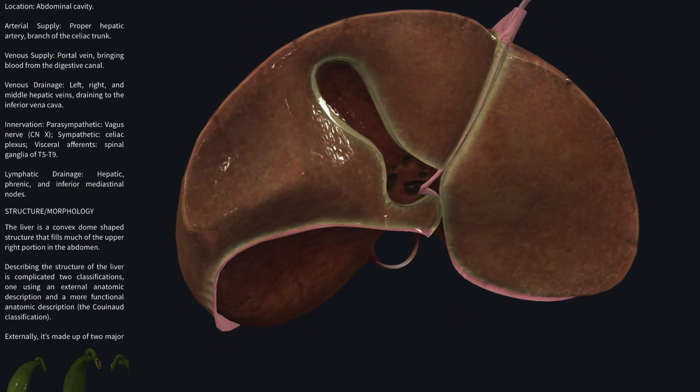Back here on this back side, we can see the bare area of the liver where it lacks peritoneum, and is in direct contact with the diaphragm.